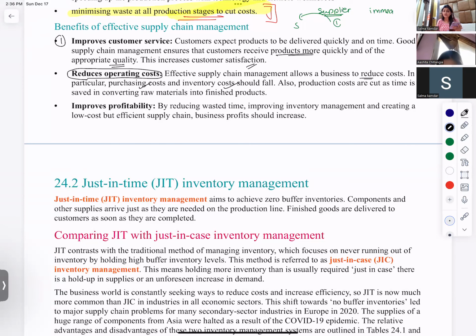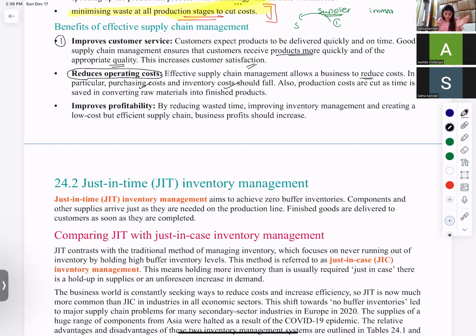And it will save the time to convert the raw material into finished goods by making the products produced faster. So in all, you're reducing the purchase cost, the inventory holding cost, and the time taken to convert the raw material into finished goods. So you are cutting that cost also, because time saved is money earned.